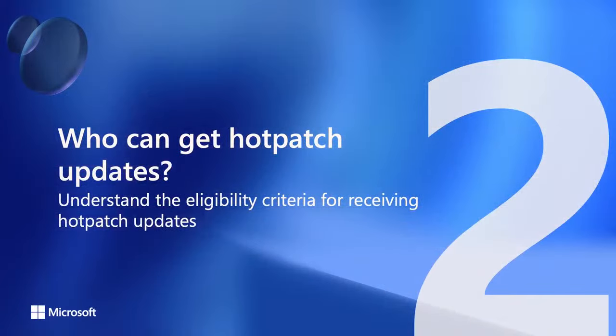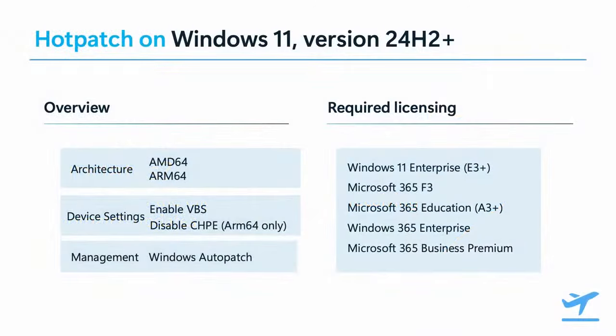Now, let's discuss who can get Hotpatch updates. To get Hotpatch on Windows 11 version 24H2 or 25H2, you can be on either AMD64 or ARM64 devices, and you must be managed by Hotpatch.